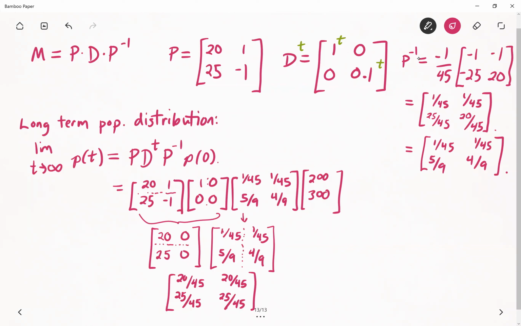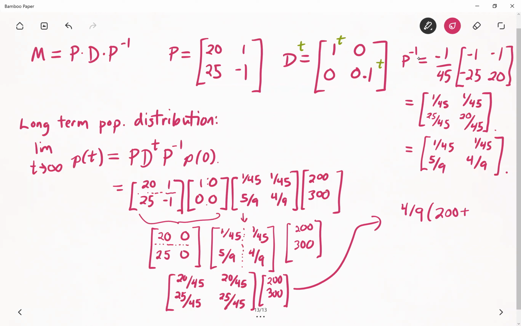And so we could, let's see. I'll have to carry down the 200, 300 for each one of these. Then carrying this calculation over here, 20 over 45. That should simplify nicely, right? We can divide the top and the bottom by 5. So that gives us 4/9 times 200 plus 300.